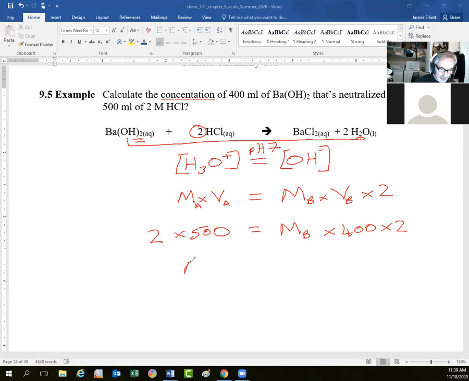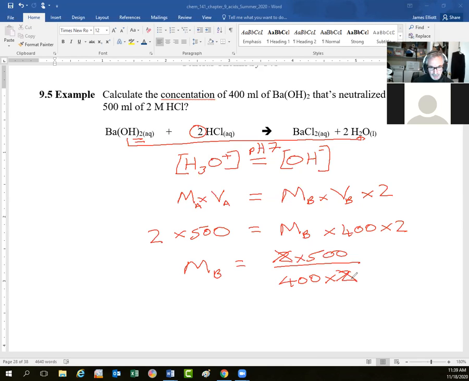So as we rearrange this, we'll move those across. So we get 2 times 500 divided by 400 times 2. The 2's will cancel.